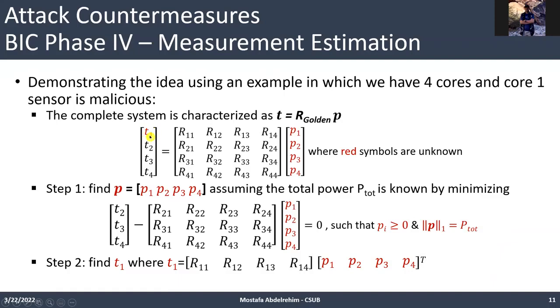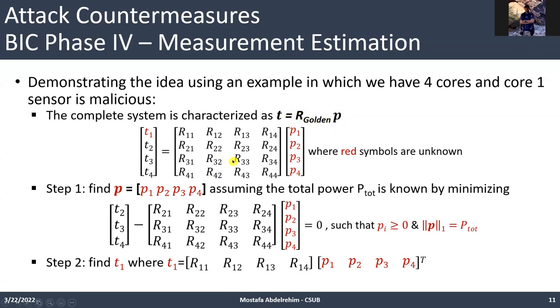For example, if we assume that core 1 has the malicious sensor, then T1 is unknown here. We know that T equals R multiplied by P. This is the steady state system equation.